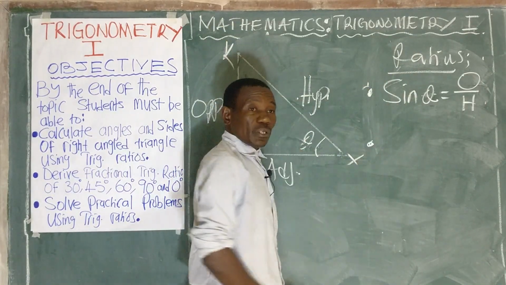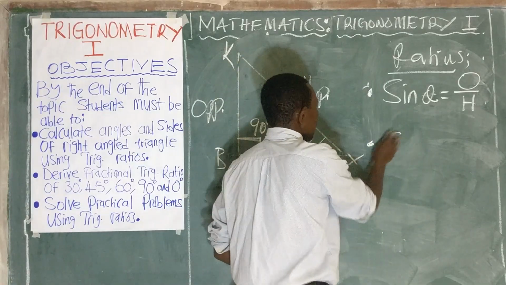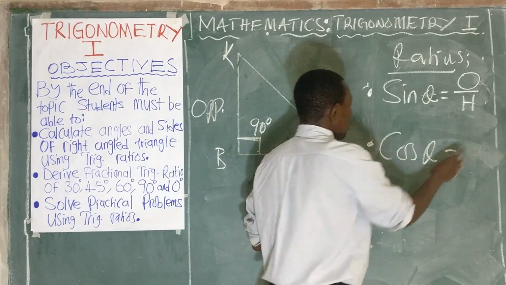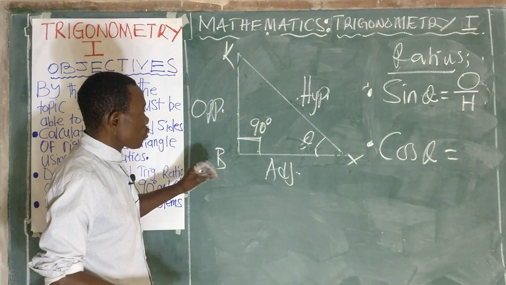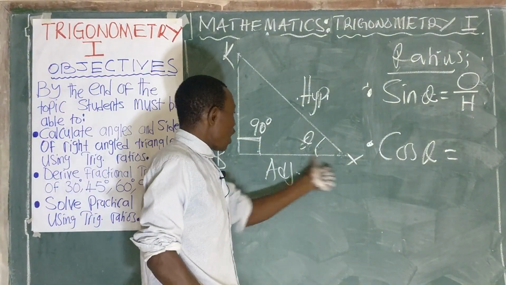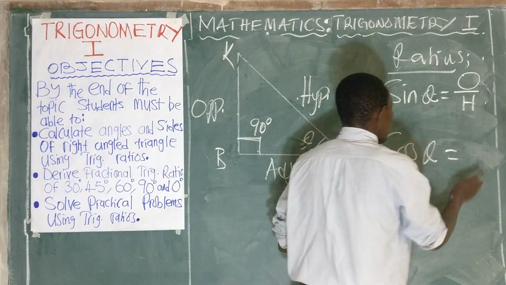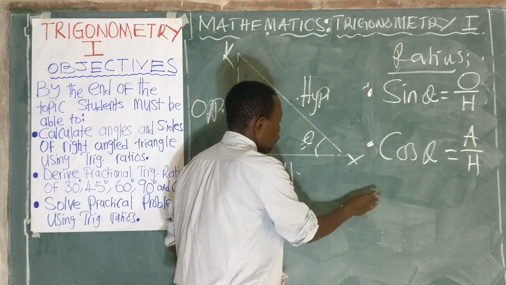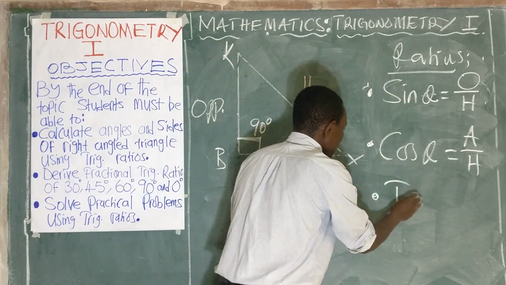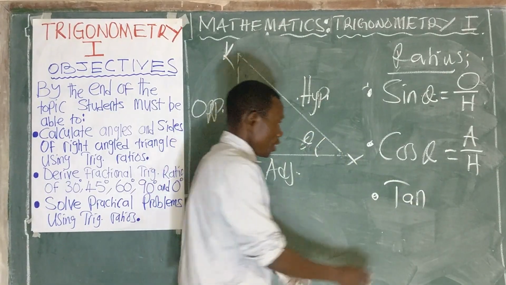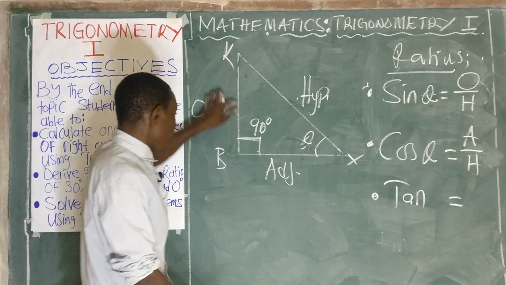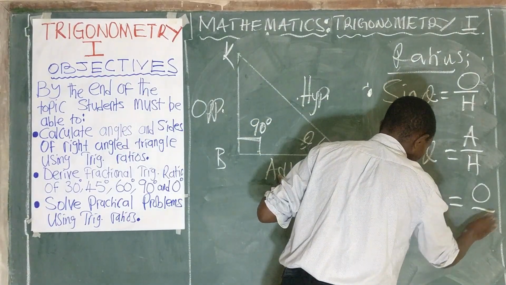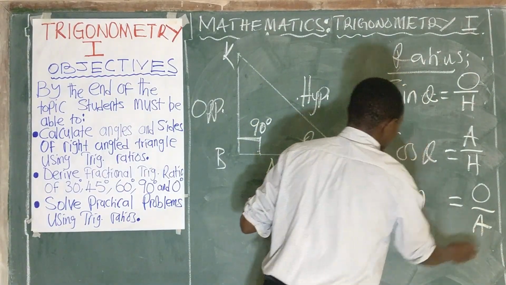The second one is the cosine of an angle, written as cos of theta, which comes from the ratio of the adjacent to the hypotenuse. So I'll write it as A over hypotenuse. Finally, we have the tan ratio, which is the ratio of the opposite to the adjacent, written as O over adjacent, which is A.